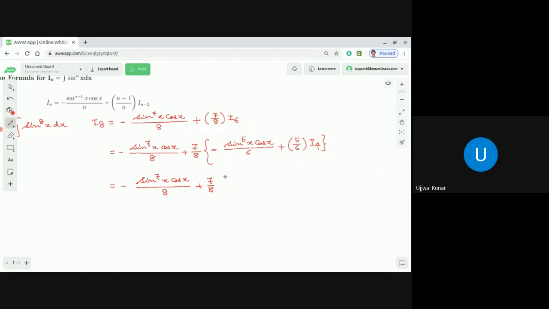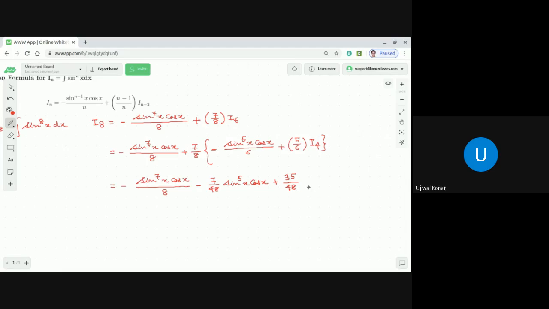Let me simplify it: minus 7 by 48 into sine to the power 5x into cos x, plus 35 by 48, correct or not?